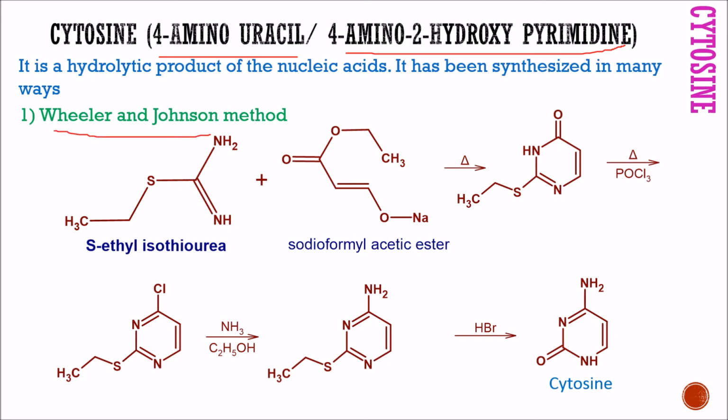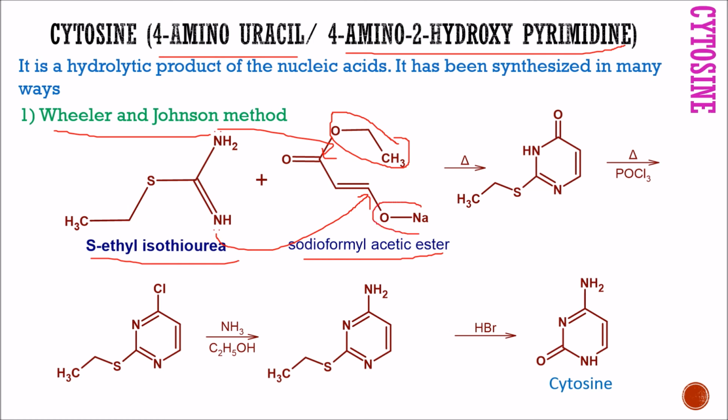They have used S-ethyl isothiourea and sodioformyl acetic ester as a starting material. Here again lone pairs of nitrogen is attacked to the carbonyl carbon and another nitrogen is attacked to the terminal carbon over here. So 1 mole of ethanol and 1 mole of NaOH is liberated from these parts and forms a ring structure like this after heating.